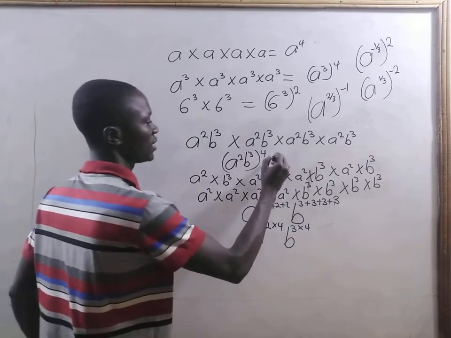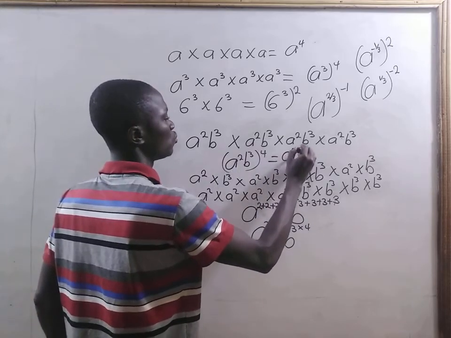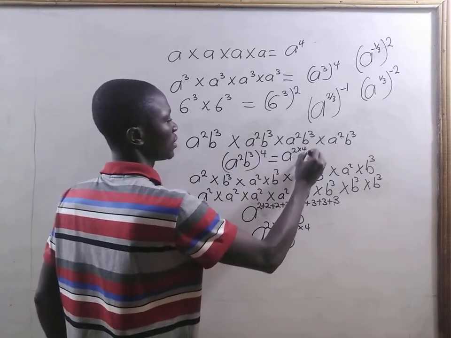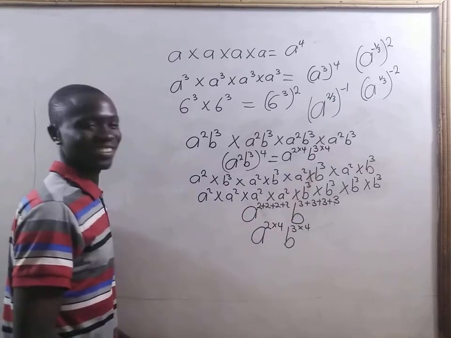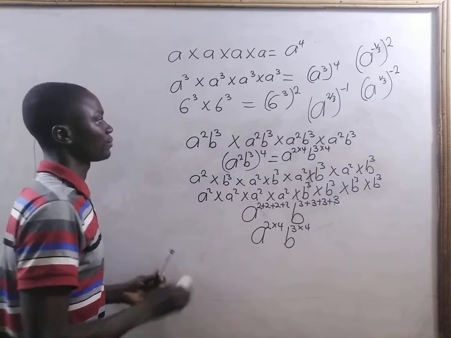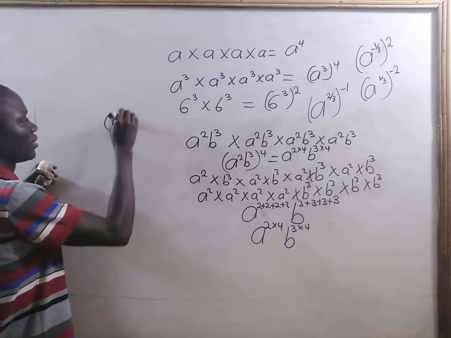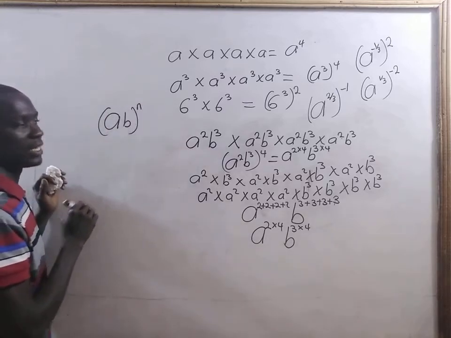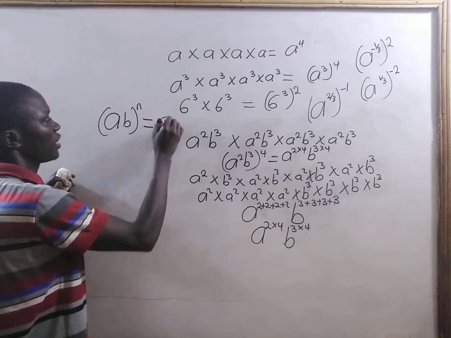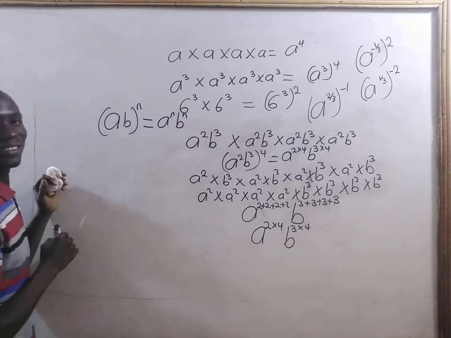So this simply means that this one is the same as a power 2 times 4 and b power 3 times 4. So we can conclude that if I have a times b all raised to the power of a certain number n, then I'll have a power n times b power n.